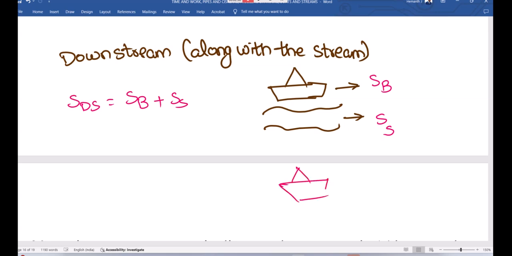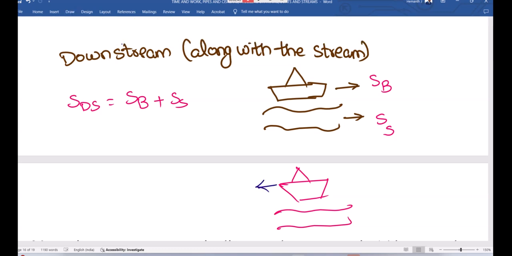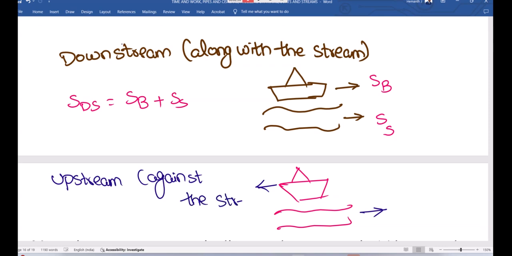Whereas upstream is the boat traveling against the water flow. Water is flowing in one direction, the boat in the other. This is against the flow. That's why upstream is called against the stream. Here the speed of upstream is SB minus SS.